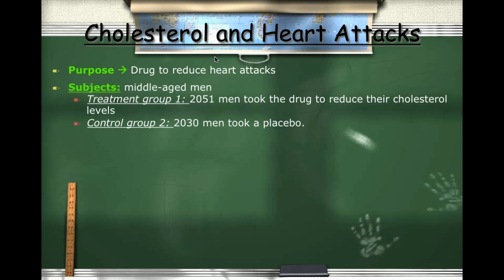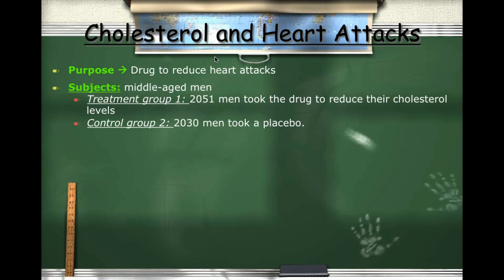The subjects we looked at were middle-aged men because they are the group that is most severely affected by heart attacks. I had two groups: one treatment group and one control group. My treatment group was 2,051 men who took the drug to reduce their cholesterol levels, and my control group was 2,030 men who took a placebo.